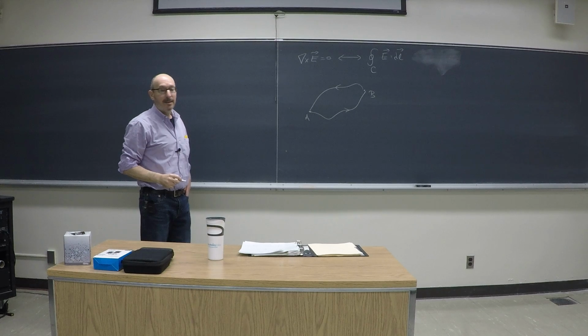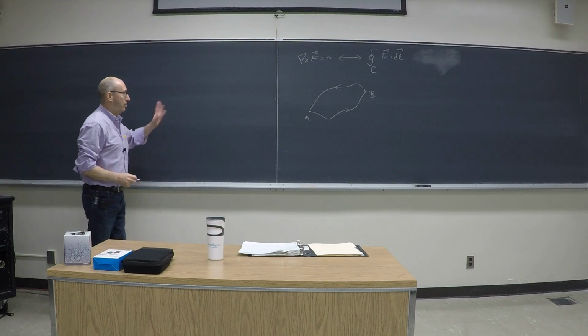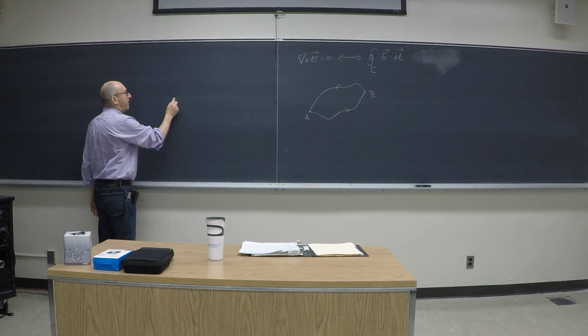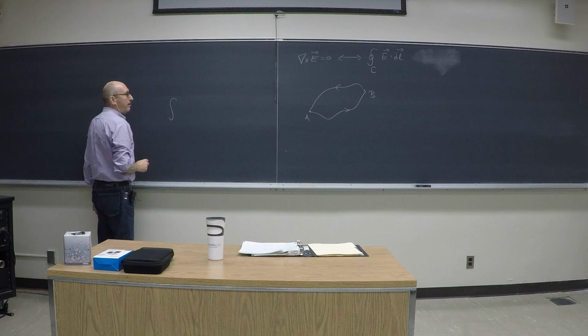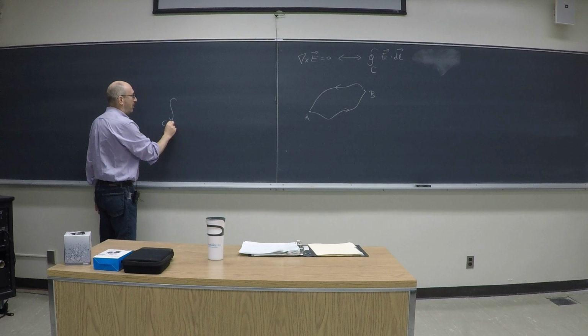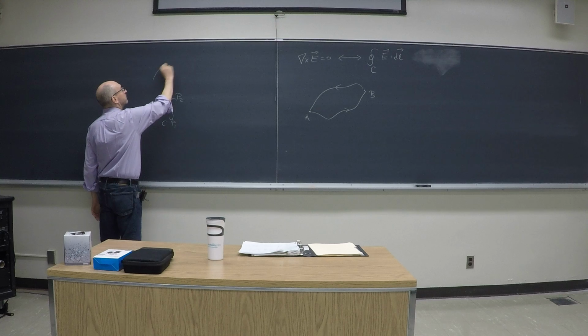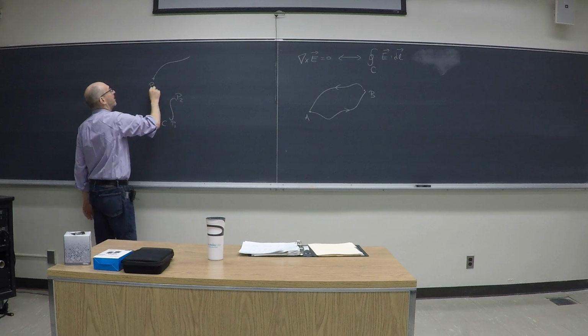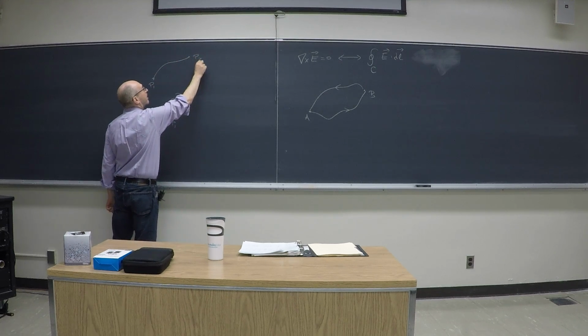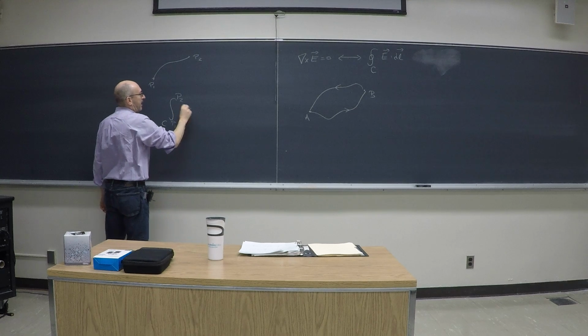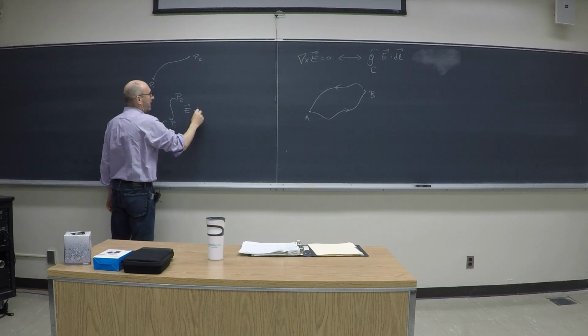But what we said is that in general, this is true for any line integral, if you have an integral on a curve C from a point P1 to a point P2, something like this, in this case of the electric field.